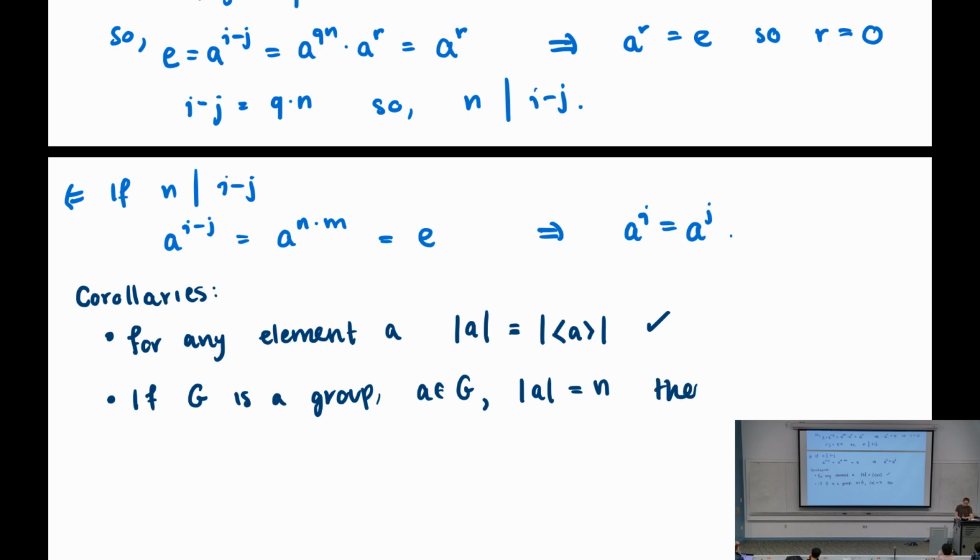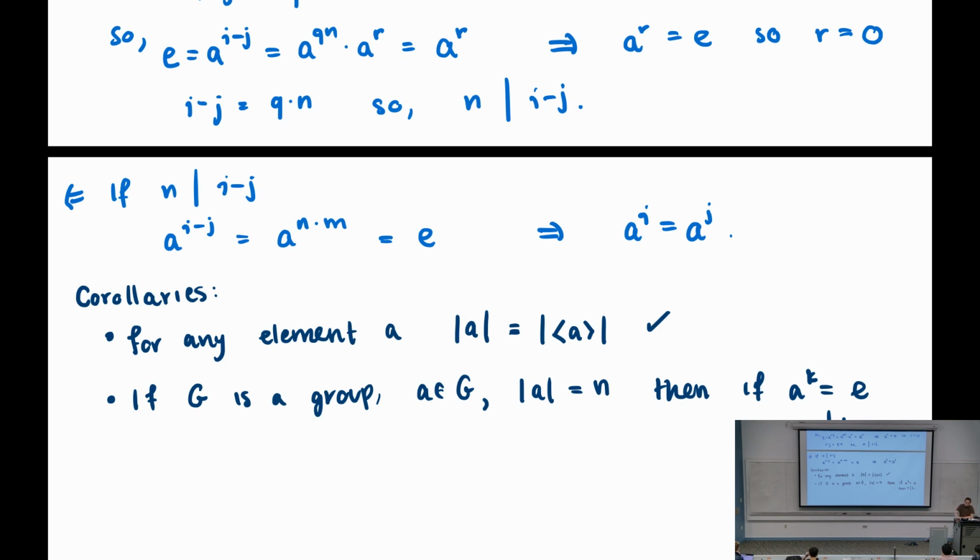Then if a to the k is equal to e, then n divides k. So if you take some power of a and you get to the identity, then that means that n definitely divides that power.